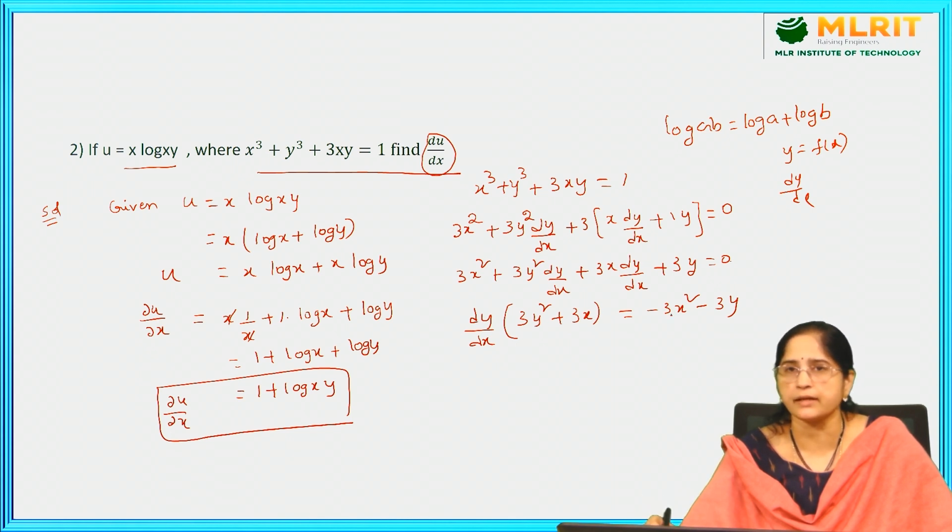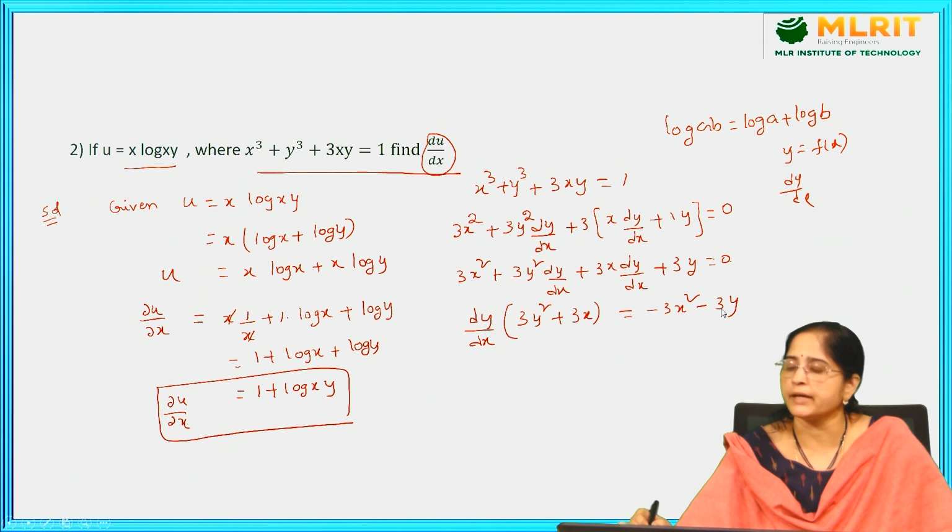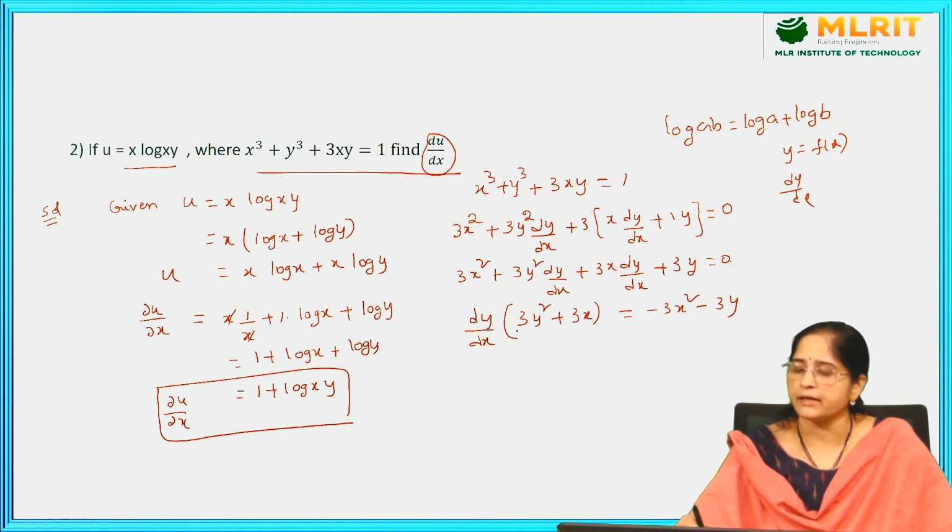Here is also 3 and this is also 3. We can take 3 common. Minus 3 into (x square plus y). We can cancel the 3. So therefore dy by dx equals minus of (x square plus y) by (y square plus x).